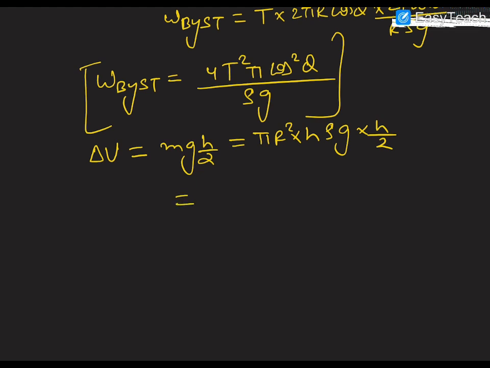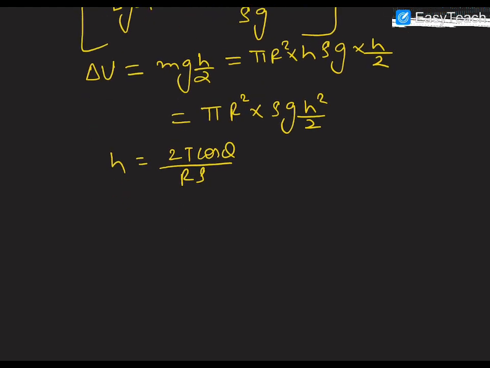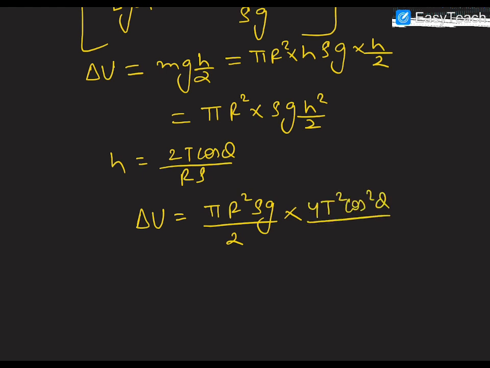So you can see that this is pi r square into h rho. In fact, this is rho g h square by 2. And we know that h is equal to 2T cos theta upon r rho g, so we can substitute the value of h in this case. So delta U will be pi r square rho g by 2, and h square will be 4T square cos square theta divided by r square rho square g square.